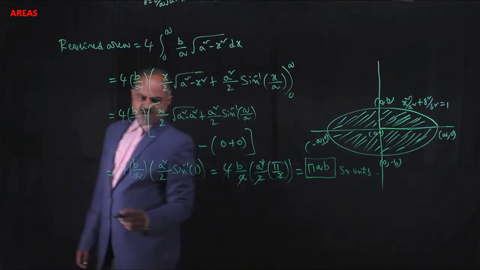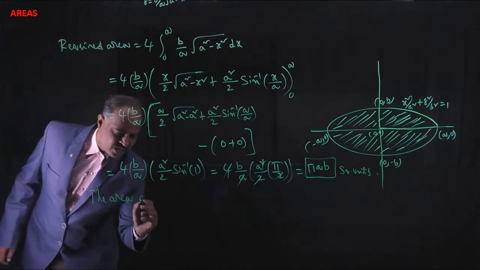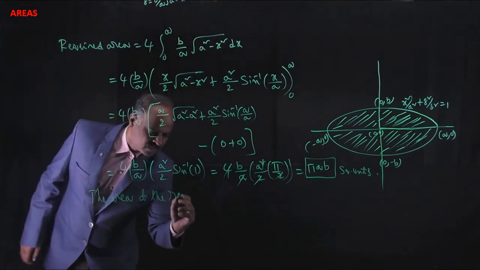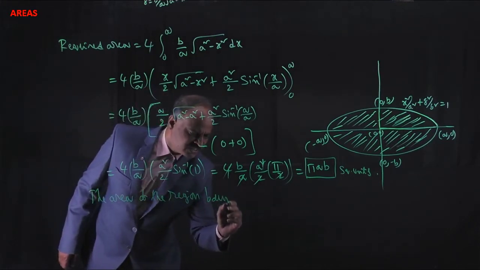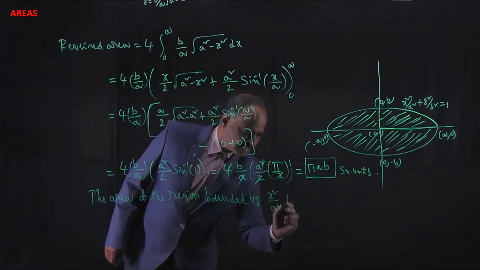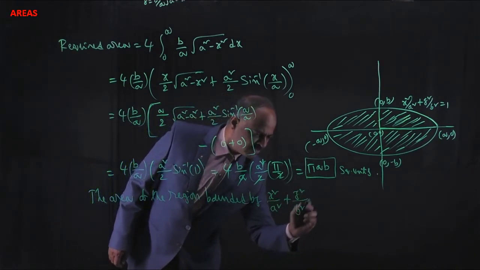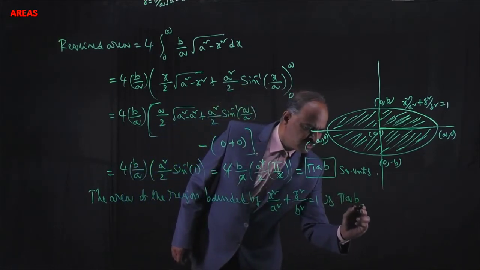Therefore, the area of the region bounded by x square by a square plus y square by b square equal to 1 is pi ab.